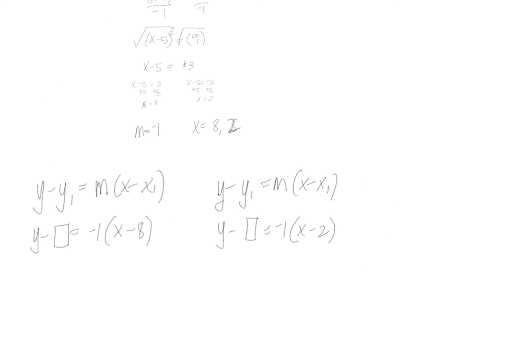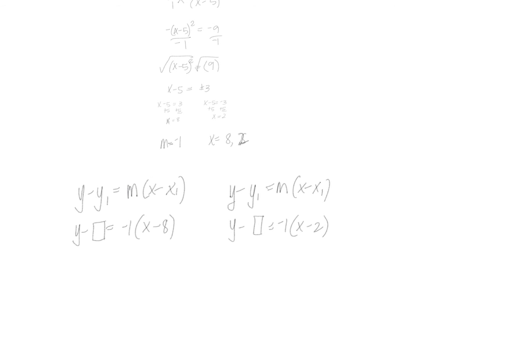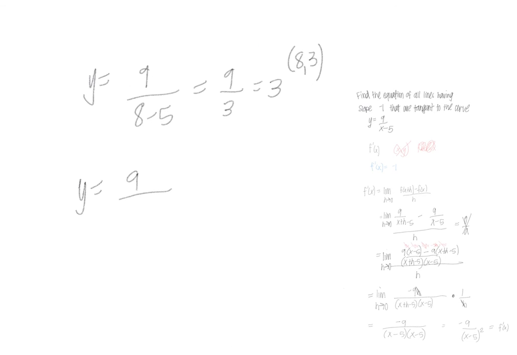So 9 divided by 8 minus 5, so 9 divided by 3 equals 3. So that's the point 8, 3. And then y equals 9 divided by 2 minus 5, which is -3.